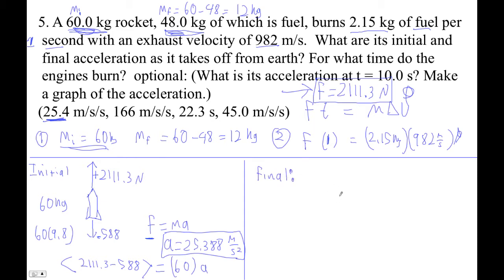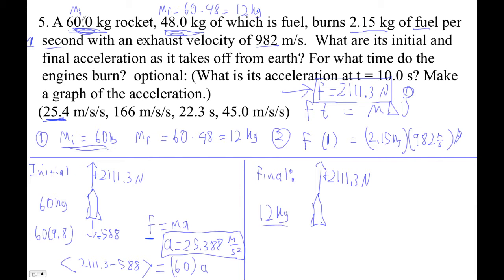Let's see, final acceleration. So for the final acceleration, we've still got 2111.3, and therein lies the rub. The engines actually get more force because they warm up, but we'll just pretend that these guys stay the same. So 2111.3. But now it's only 12 kilograms.